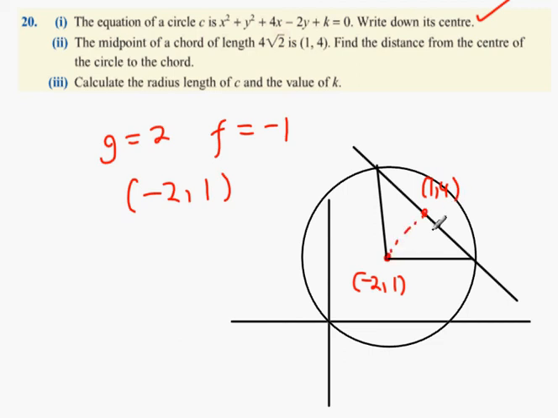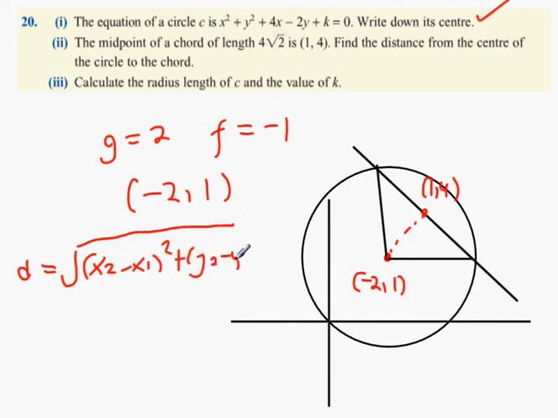So that's what we're looking for. I was taking you to the next question as well, 2 steps ahead. Now, x2 minus x1 squared plus y2 minus y1 squared. Call that x2, y2. Call this one x1, y1.